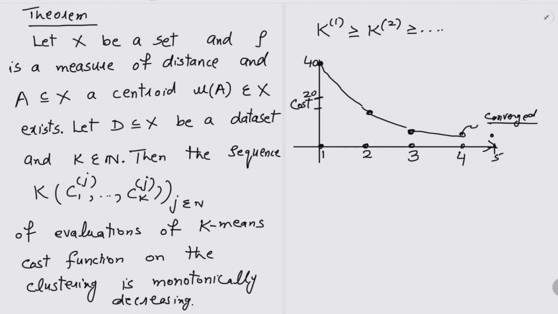Let me give you one example of how and why this is true. We solve one example which shows that the cost of clustering is decreasing until you get the optimal value. Here K is equal to 2, so it means that you are making two clusters.